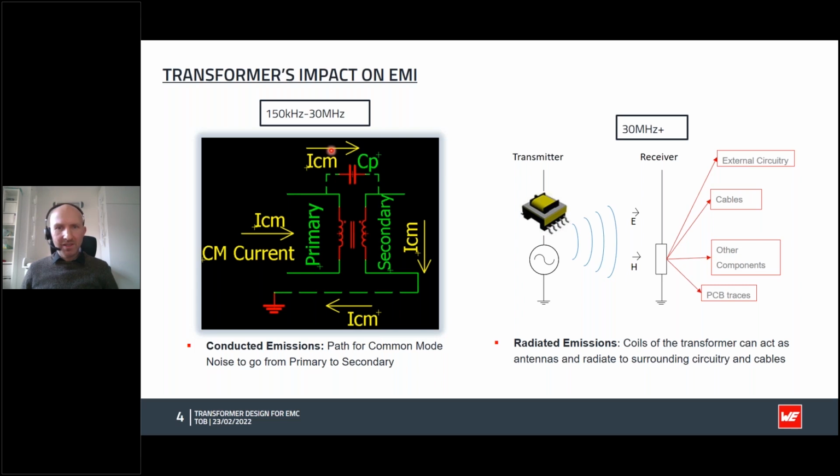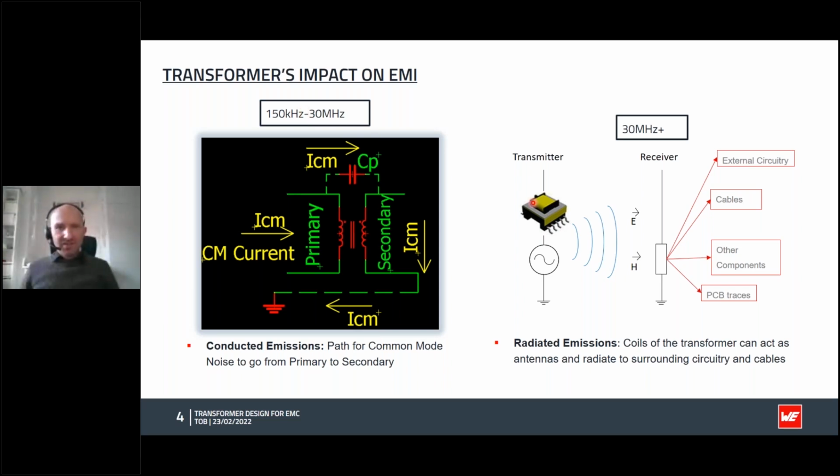So we'll always have a high frequency wave going up and down on the primary side, and then we have a capacitance to the secondary, and so we have a path for noise currents to flow into the secondary winding and then back to the source on the primary. And when that current does flow, it will show up as peaks in the conducted emissions from 150 kilohertz to 30 megahertz, which is where we measure the conducted emissions.